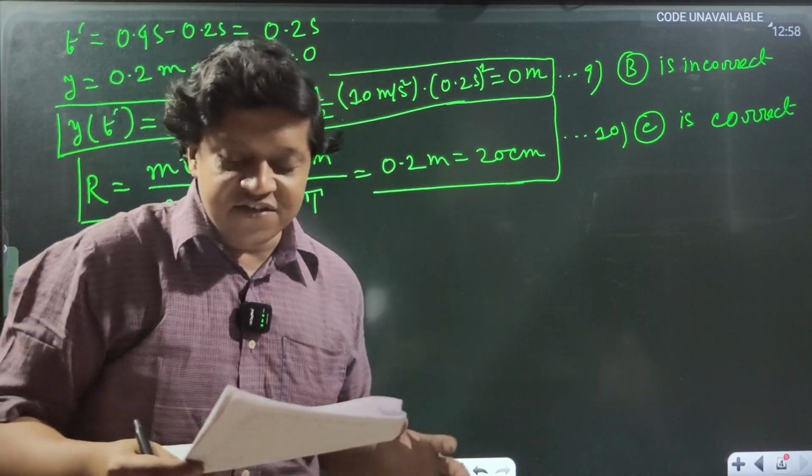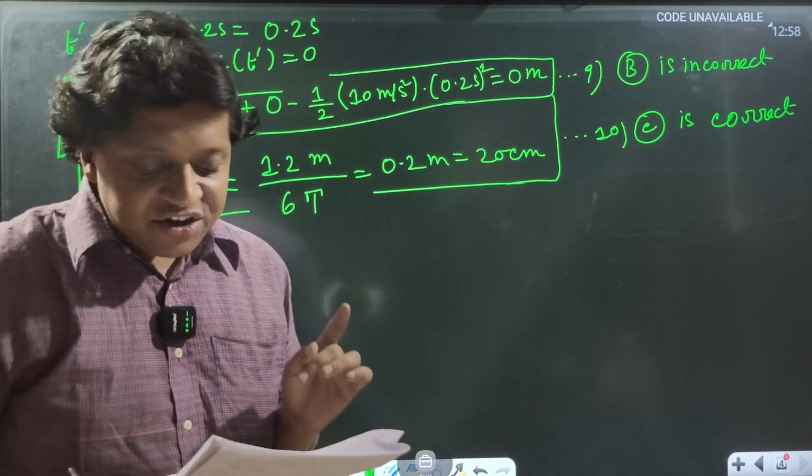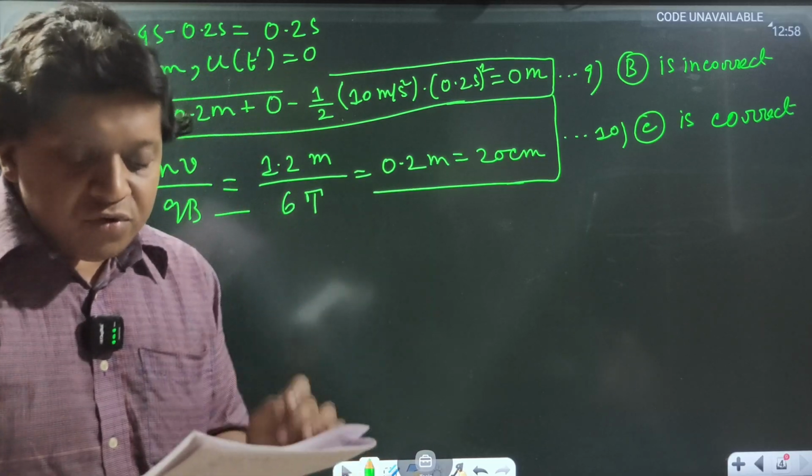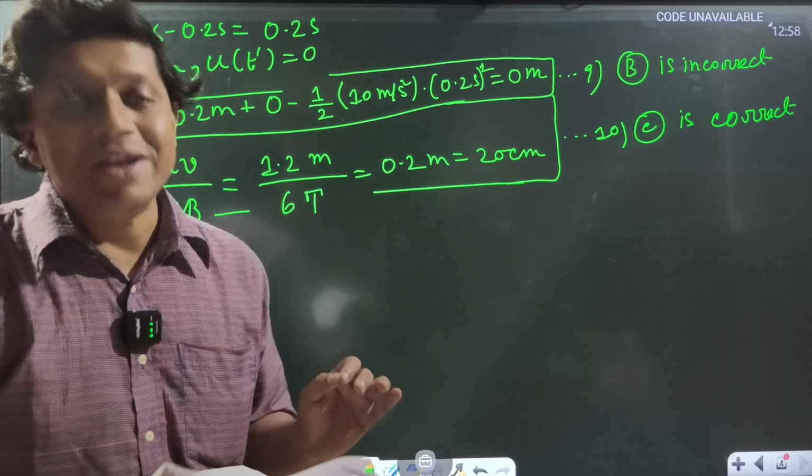Only D remains to be analyzed, but that is very easy. The vertical distance of the particle from the xz plane at t equal to 0.3 second, which is option A, and at t equal to 0.4 second in option B, have already been calculated.